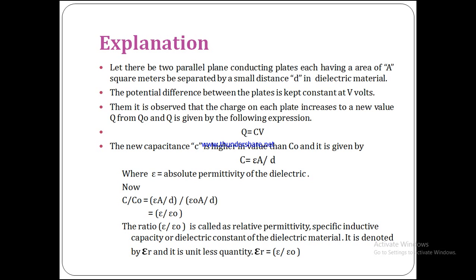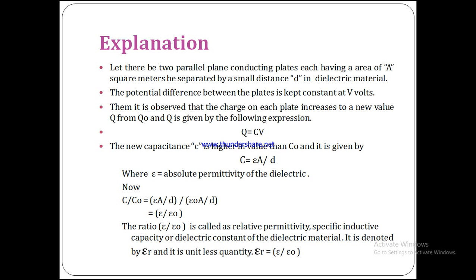Now if we take the capacitance value with the solid dielectric divided by the capacitance value with the vacuum dielectric, we get the equation C upon C0 is equal to epsilon A upon d divided by epsilon 0 A upon d.